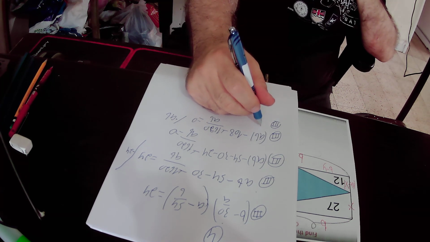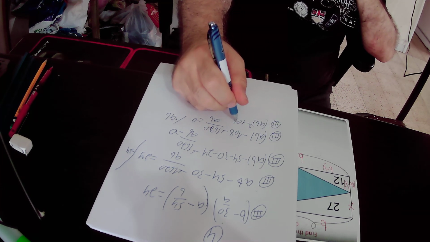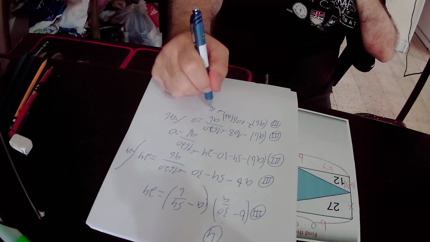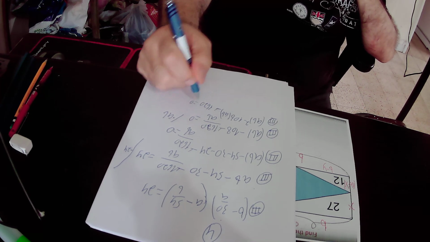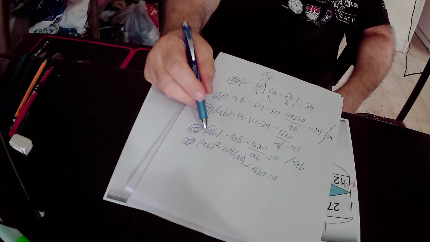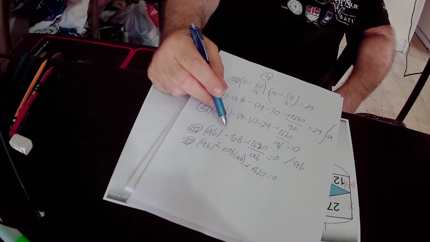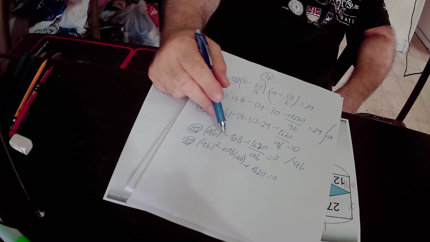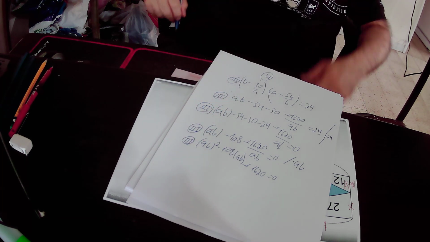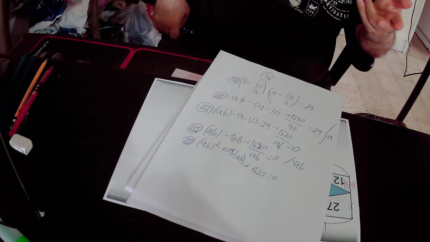So AB times AB is AB square, and negative 108 times AB is negative 108 AB, and 1620 divided by AB times AB is 1620.